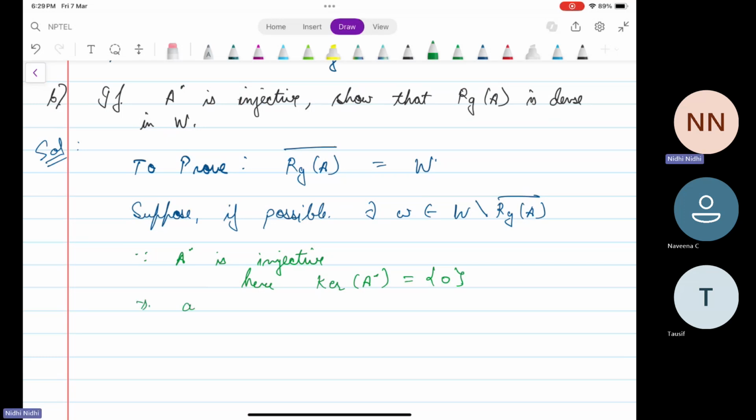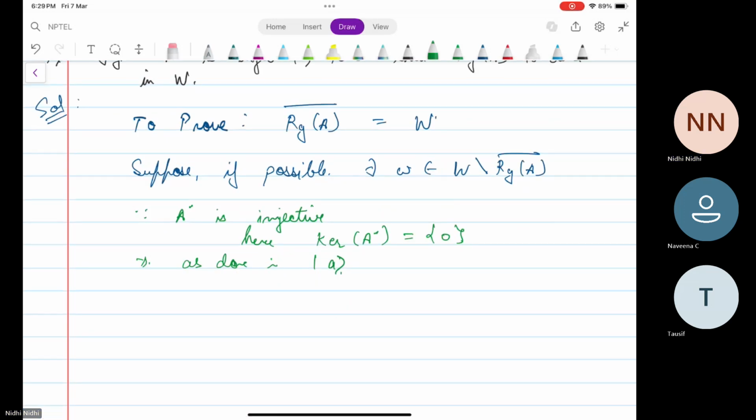This implies, as done in the first part, there exists some g. Eventually we will get a contradiction.